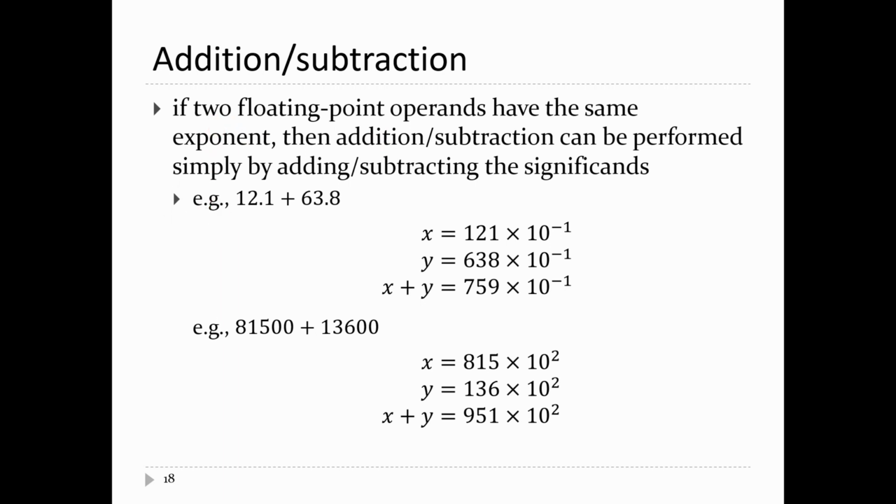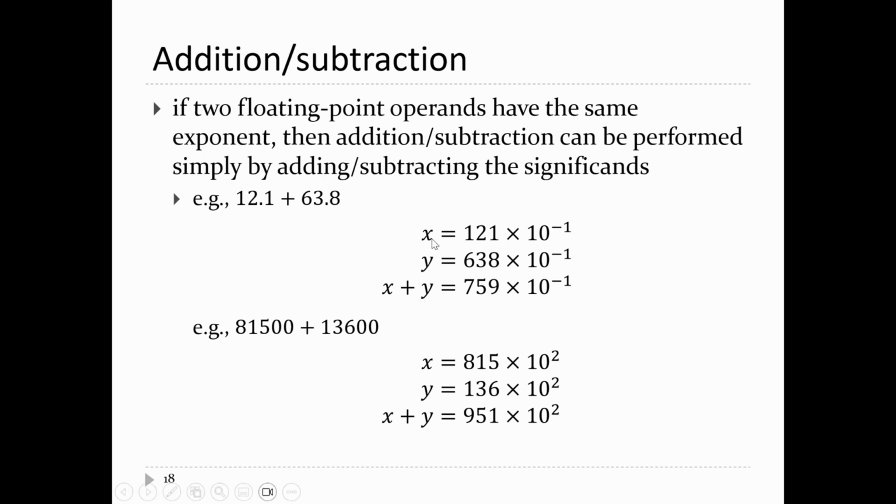Now, once you've got your floating point numbers, you probably want to do some arithmetic with them. We're not going to talk about division or multiplication because those get relatively complicated. But it is useful to look at how the floating point representation affects addition and subtraction. So if you want to add two floating point values, you write them out in our floating point format.